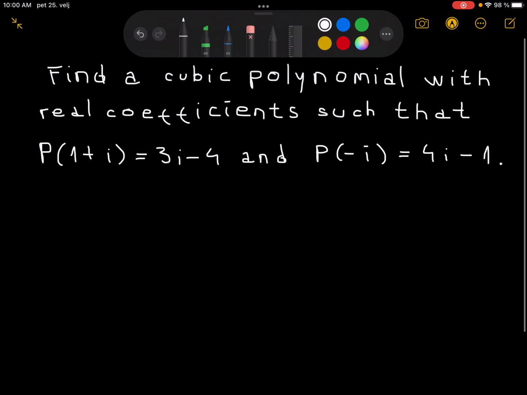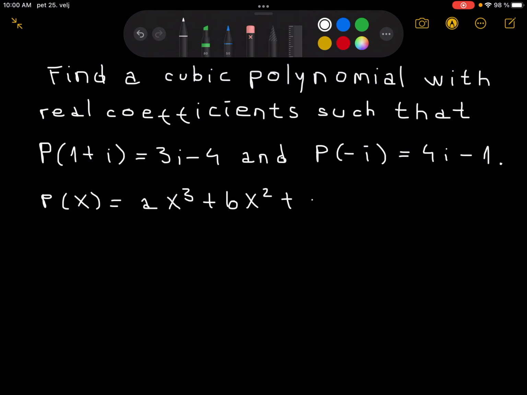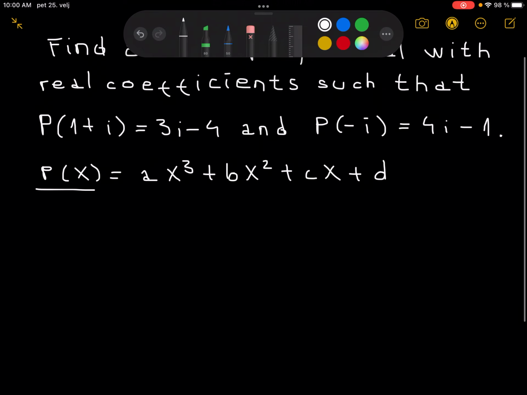Well, first of all, let's go ahead and write the general form of any cubic polynomial. So p of x must be equal to ax to the third power plus bx squared plus cx plus d. Okay, now instead of x, first we're going to plug in p of 1 plus i, which is equal to 3i minus 4.